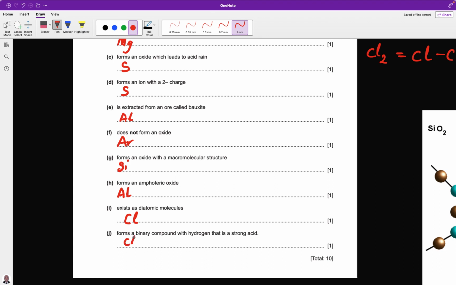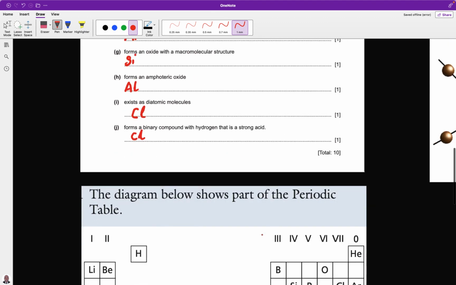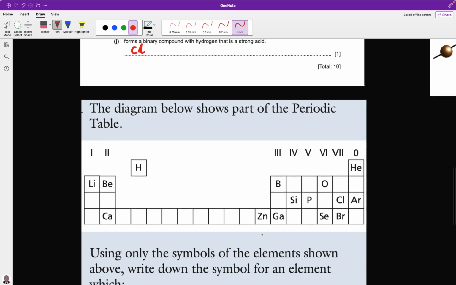When chlorine combines with hydrogen, it forms a strong acid, hydrochloric acid. Now it moves us to the second part of the question.